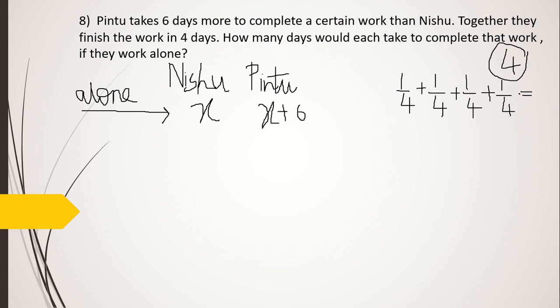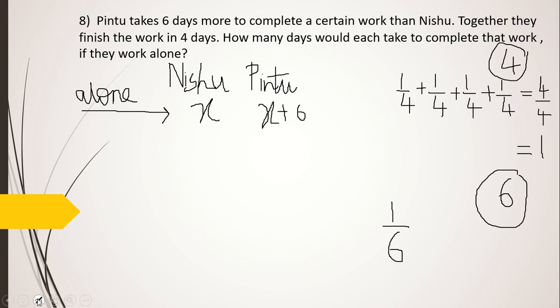Now if you add them, that is going to become 4 upon 4, and 4 upon 4 is equal to 1. That means one work is completed. So what I am trying to show you here is, when somebody works for 4 days, in one day he finishes 1/4 part of that work. If somebody works for 6 days, in one day he finishes 1/6 part of that work.